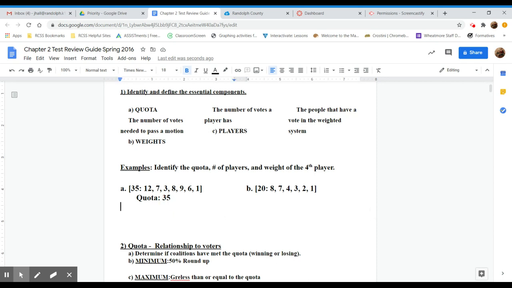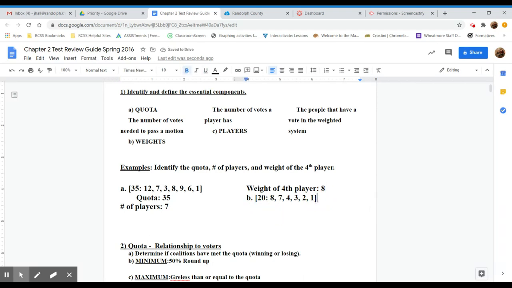So number of players is 7. That's the number of numbers after the colon. And then we've got the weight of the fourth player. So weight of fourth player here is just go to the fourth player. In this case, there's 1, 2, 3, 4. The fourth player's weight in that first weighted system is 8.